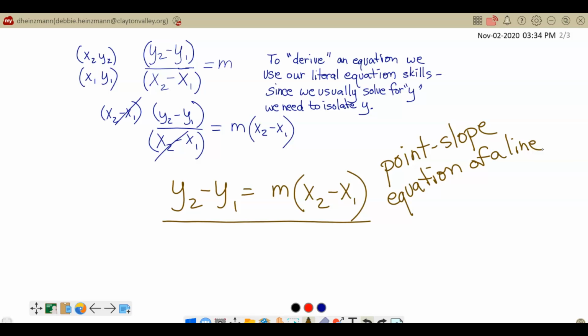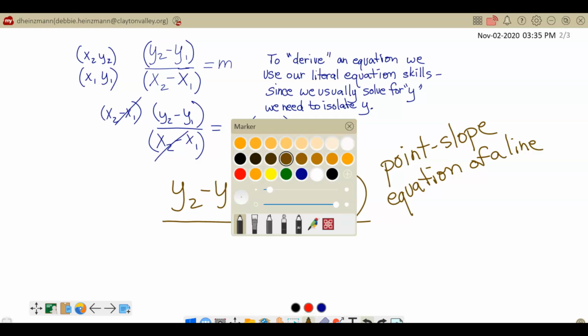Okay? It is far easier to write the general equation of this line using the same terminology and letters that you're going to use for every other math class that you take. So I invite you to take a walk with me and experiment a little.